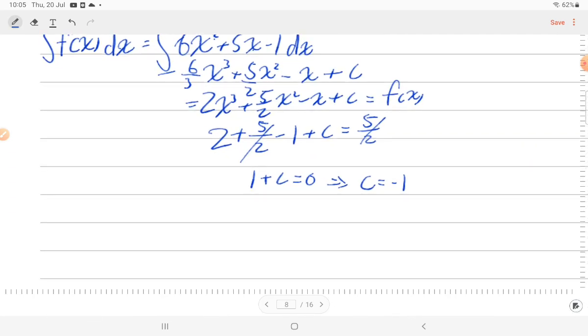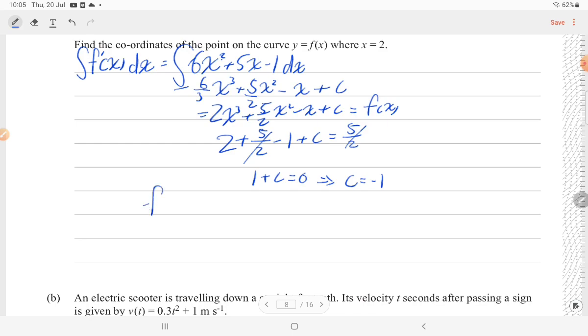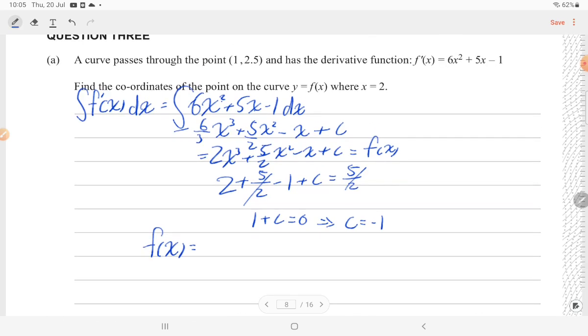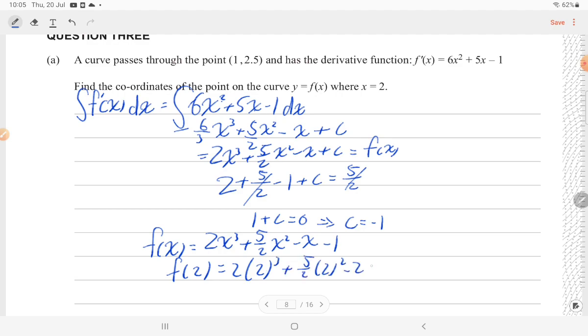And we're not done yet. So f of x is equal to 2x cubed plus 5 over 2 x squared minus x take away 1. f of 2 is equal to 2 times 2 cubed plus 5 over 2 times 2 squared take away 2 take away 1.